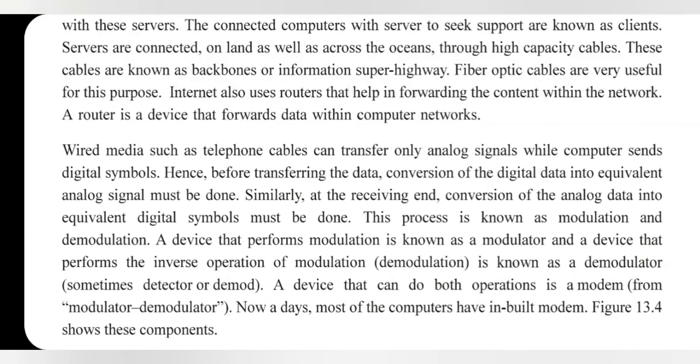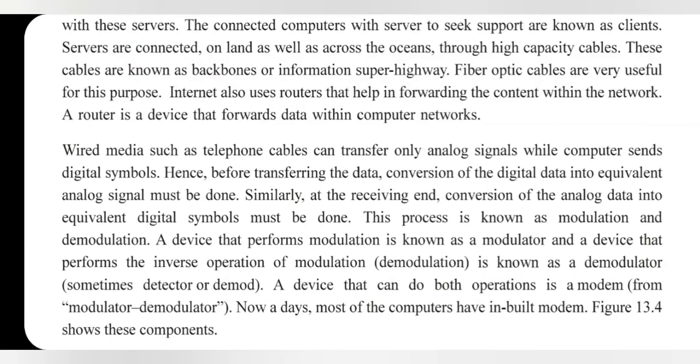So when you are transferring your computer data through the telephone network, you have to do some conversion. Data type conversion is required here. Your computer has the data in digital form, but the telephone cable can transmit only analog data.